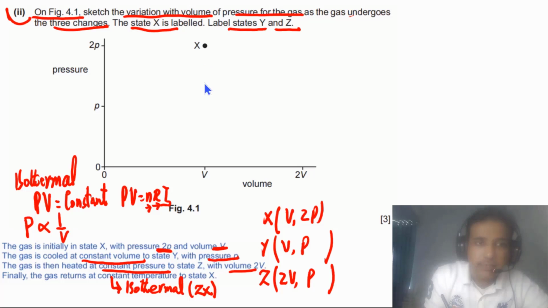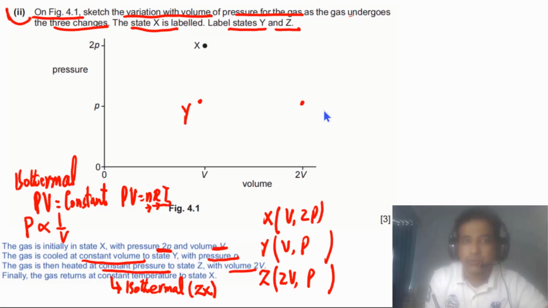Now we have state X, then state Y, where volume remains constant. At state Y, volume has to be V, pressure has to be P. Then we have state Z, where volume has to be 2V, somewhere here, and pressure is constant. Finally we have the isothermal process, so P and V are inversely proportional to each other.